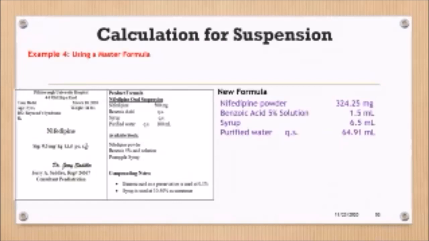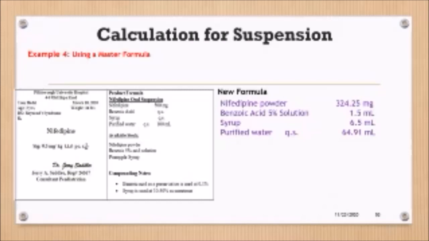So when you're using a master formula, you are given the listing of drugs that must be in the formulation. That's one. Other master formulas may have the exact amount of benzoic acid to use. They may say benzoic acid 5%, 1.5 mils.